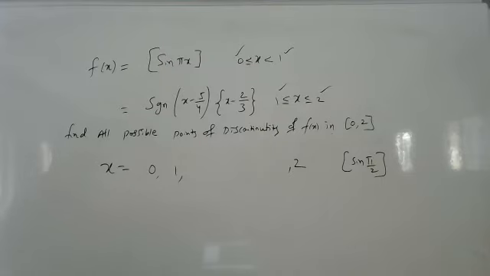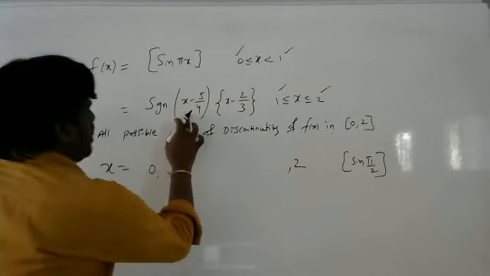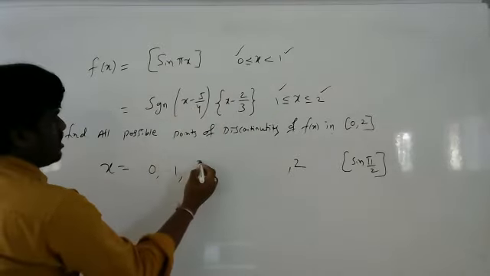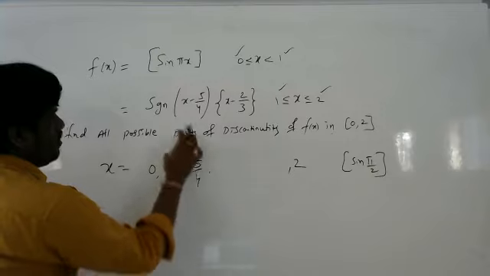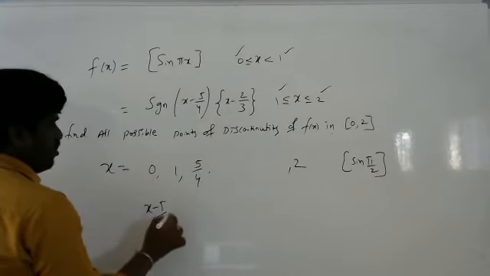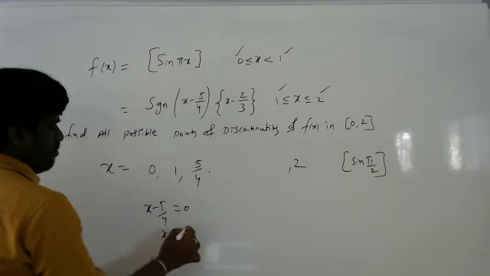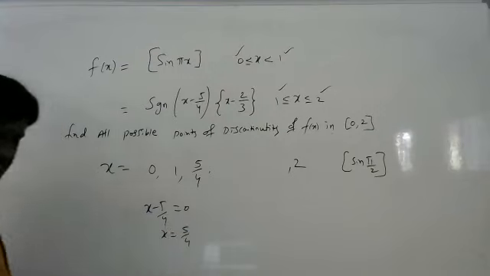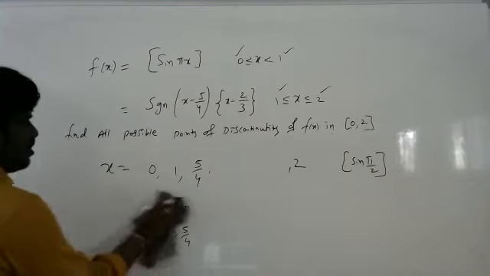So 0 is okay, 1 is okay. Here signum will become 0 when x minus pi by 4 is equal to 0. So x is equal to pi by 4. One point you got: x is equal to pi by 4.